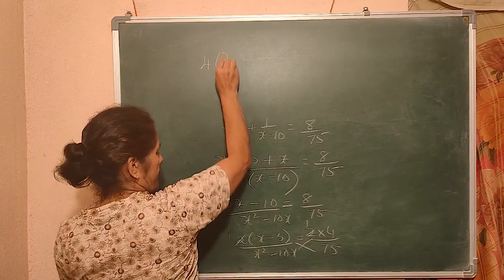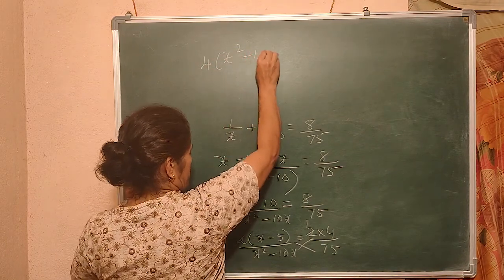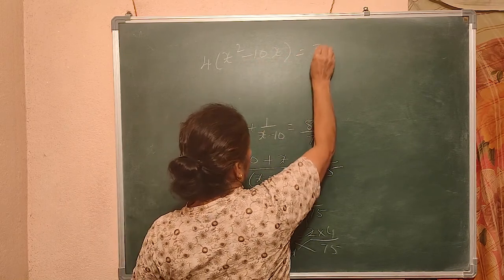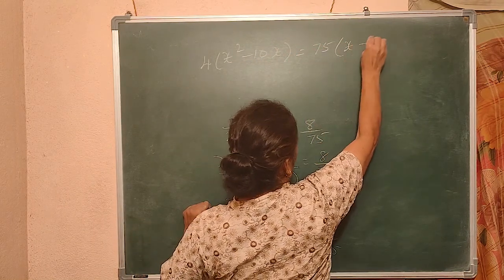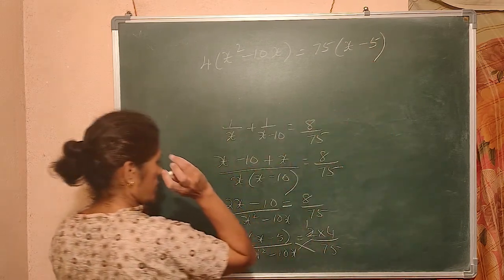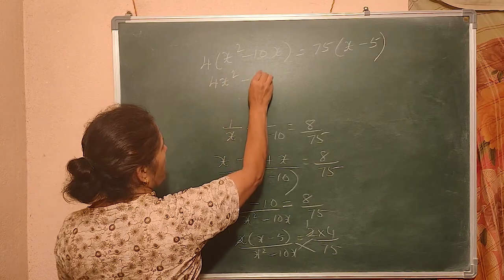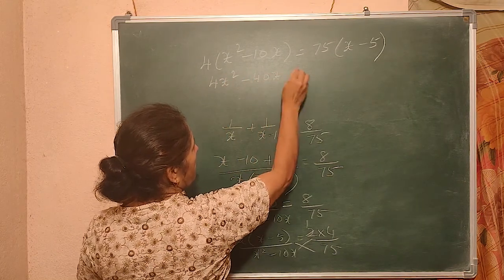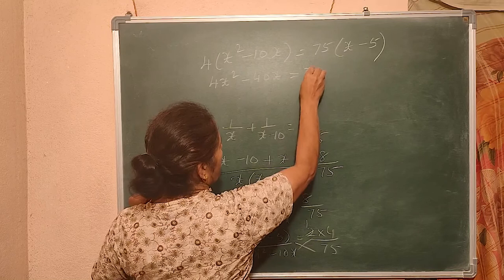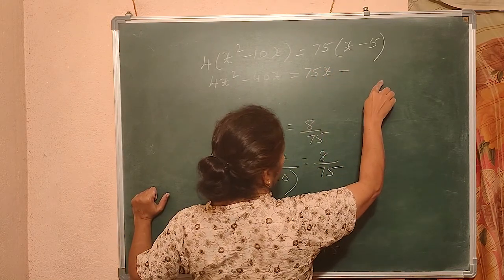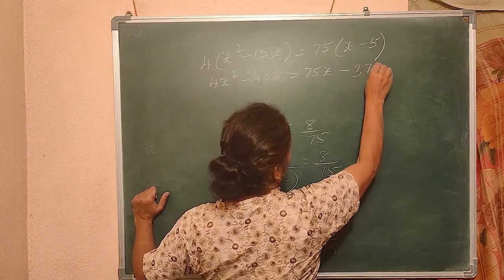4 into x squared minus 10x is equal to 75 into x minus 5. So you get 4x squared minus 40x is equal to 75x minus 375, since 75 fives are 375.